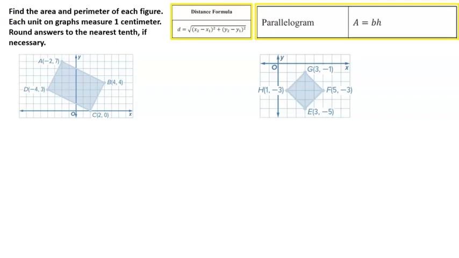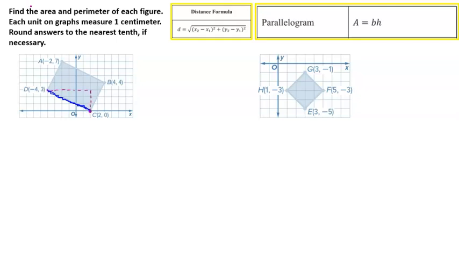So with this one, I'm looking for my base and my height, right? And they're not so easily measured. I can't just count this. And so I'm going to use the Pythagorean theorem. So just like before, I'm going to create a right triangle with those 2 points.